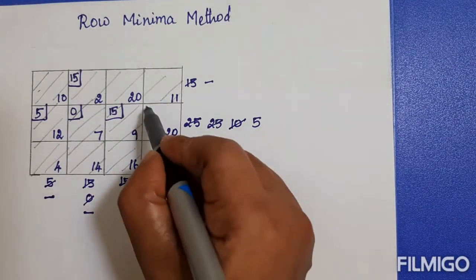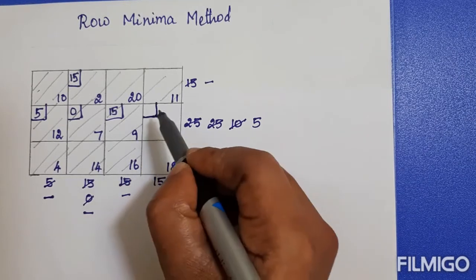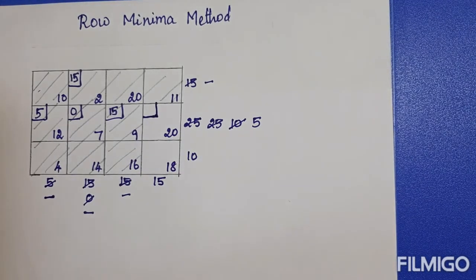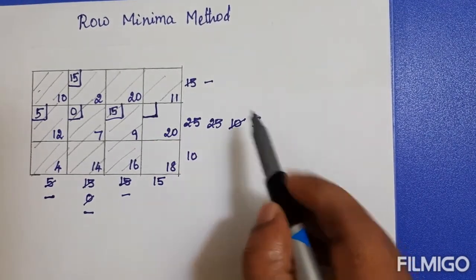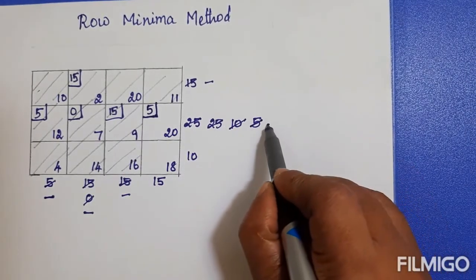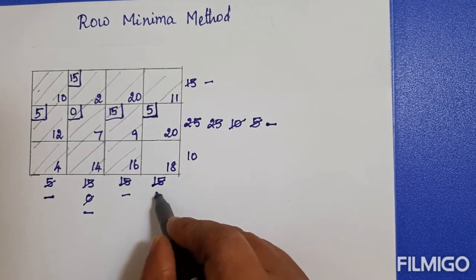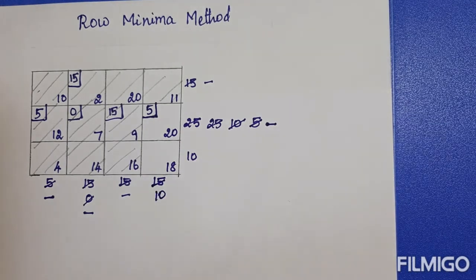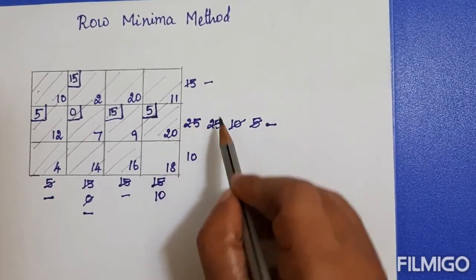Now the second row has only 1 cell. So I select this cell. Here the demand is 15. The supply is 5. So I put 5. This is exhausted, and this is 15 minus 5, that is 10. As this row is exhausted, I crossed out this.